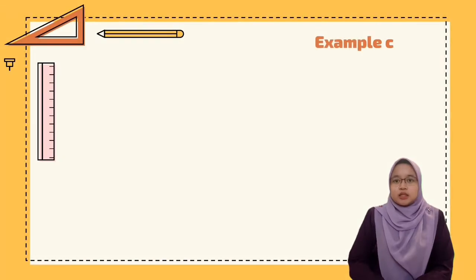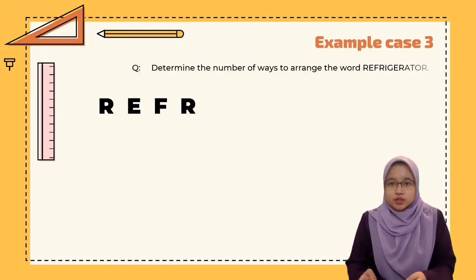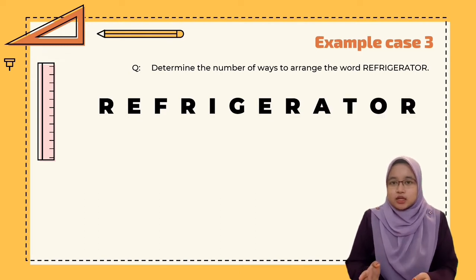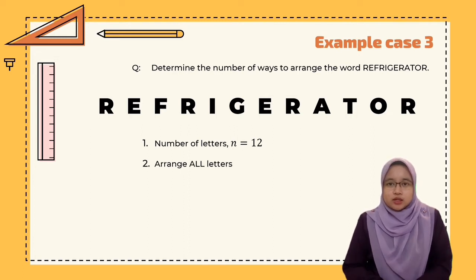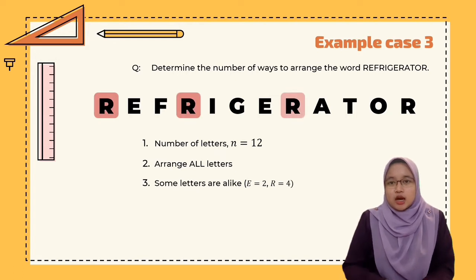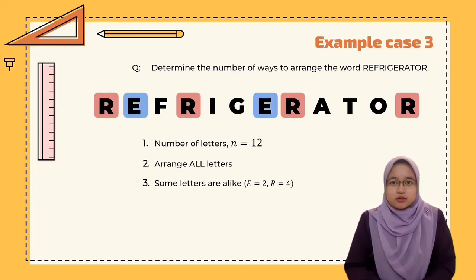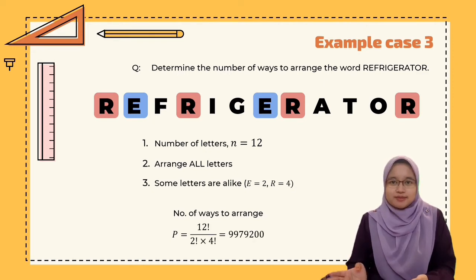For example, determine the number of ways to arrange the letters from the word refrigerator. There are 12 letters in this word, which makes n equal to 12. We want to arrange all the 12 letters. Some of the letters are alike or the same. There are 2 E's and 4 R's. So, the number of ways to arrange the letters is as shown.